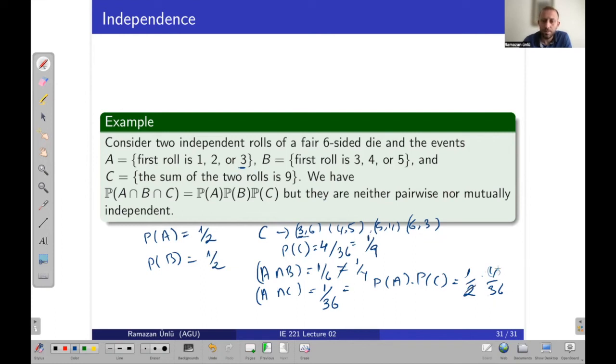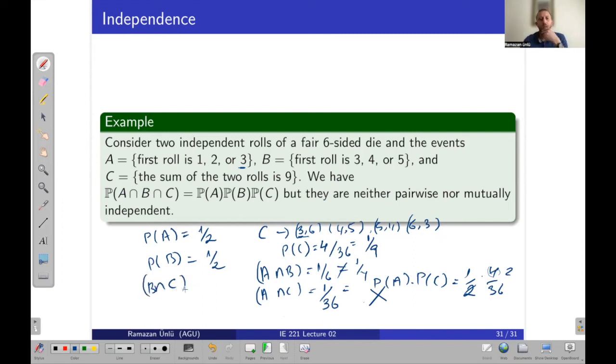So this is 2/36, but the A intersect with C is 1/36. That's why we didn't satisfy this condition as well. So I cannot say that A and C are pairwise independent. So let's look at the other one, which is BC, right?